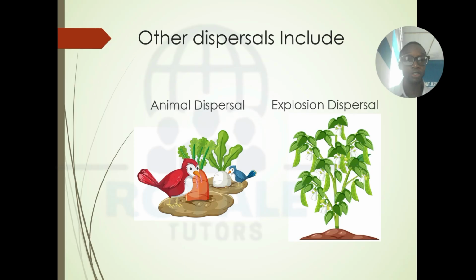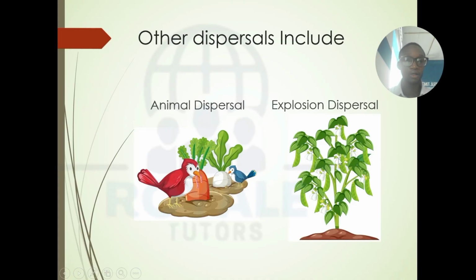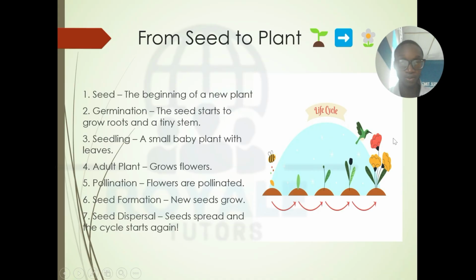So what happens? It drops some tiny, tiny ones, maybe on the ground, or maybe wind comes, just like the last one, wind comes and blows it away. So somehow, it's just going to find its way to another soil where it will now start growing like this again. So how does that happen? Now, if you look at this, just look at this guy dropping the seeds. Yeah, that should ring a bell.